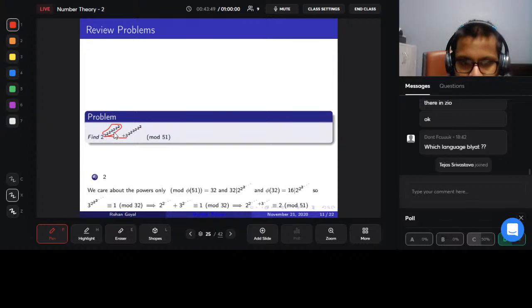So I can just remove this whole part. Now we care about this mod 32. Again, phi of 32 is 16, which of course divides all this, so we can remove all this and make it 0. So we care about 2 to the 3 to the 0, which is 2 to the 1, which is just 2, not 51.